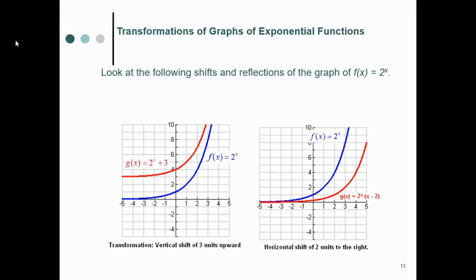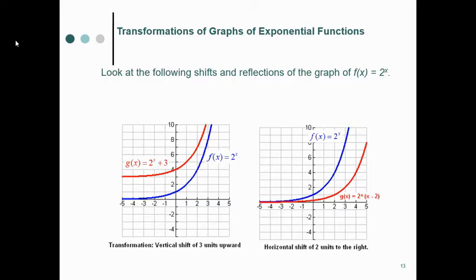What happens with the red one is it's been moved up 3. So we have a vertical shift of 3 upwards. This changes your horizontal asymptote because whatever your movement is, that becomes your horizontal asymptote. So in this case, it's 3.